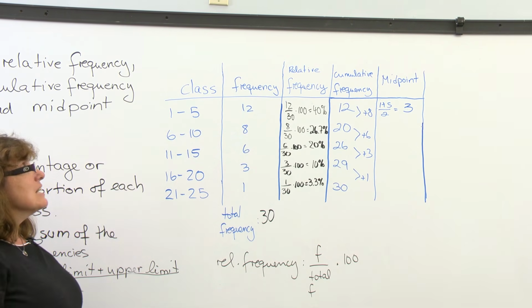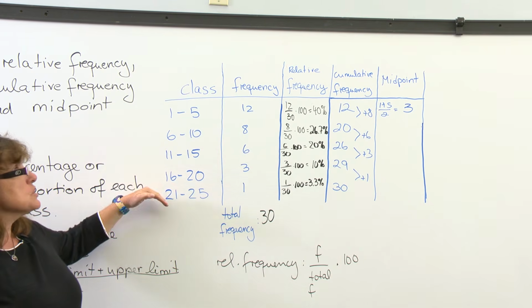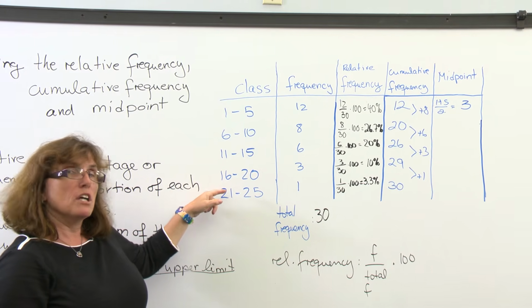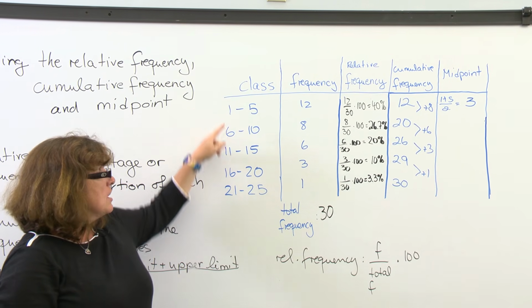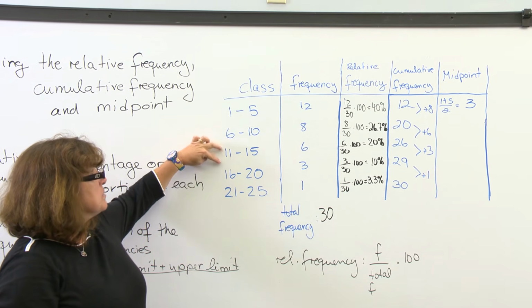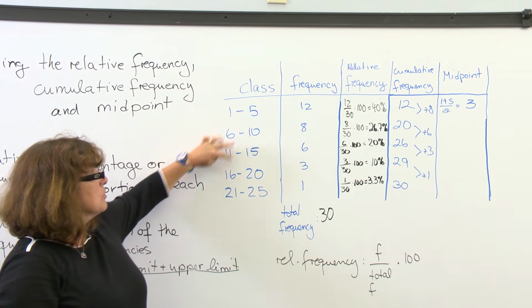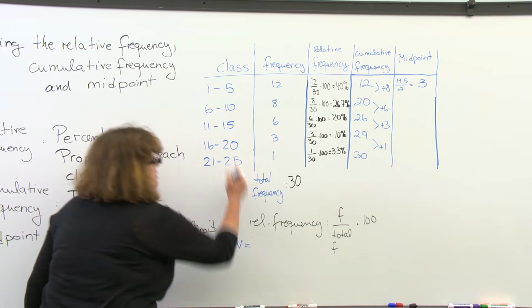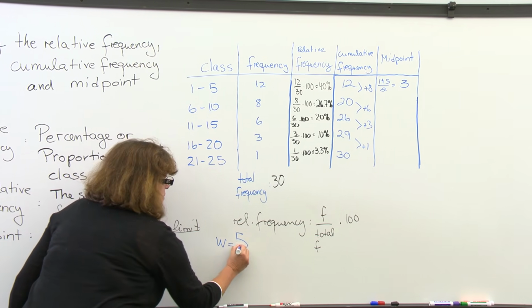Now to find the other midpoints, we can just make this easy on us and find the width, which we have learned in the previous video. The width here, again, would be the difference of either the lower limits or the upper limits, and the width in this case is 5.